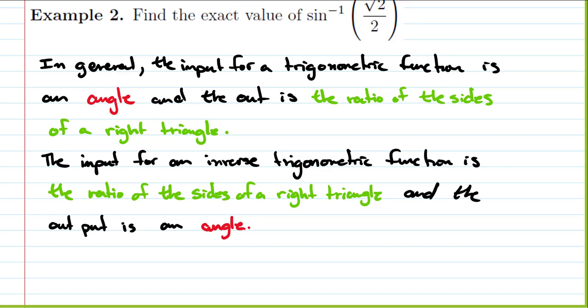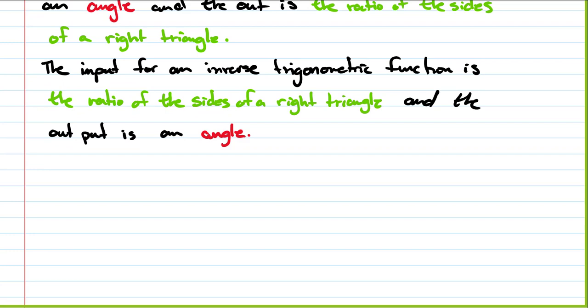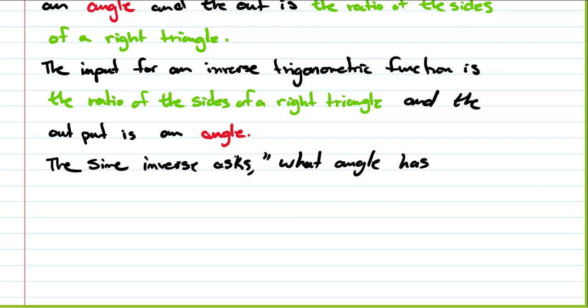So at the end of the day, when we're asked to find the exact value of sine inverse of the square root of 2 over 2, we're being asked to find an angle theta such that its sine is equal to the square root of 2 over 2. So sine inverse asks, what angle has sine square root 2 over 2?